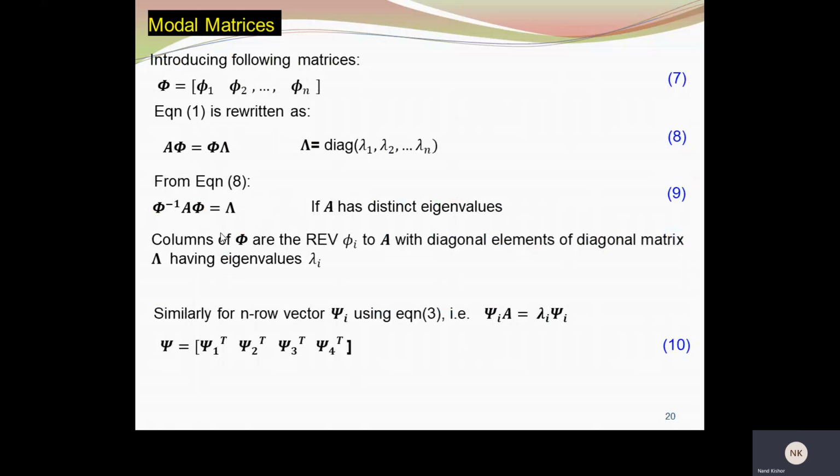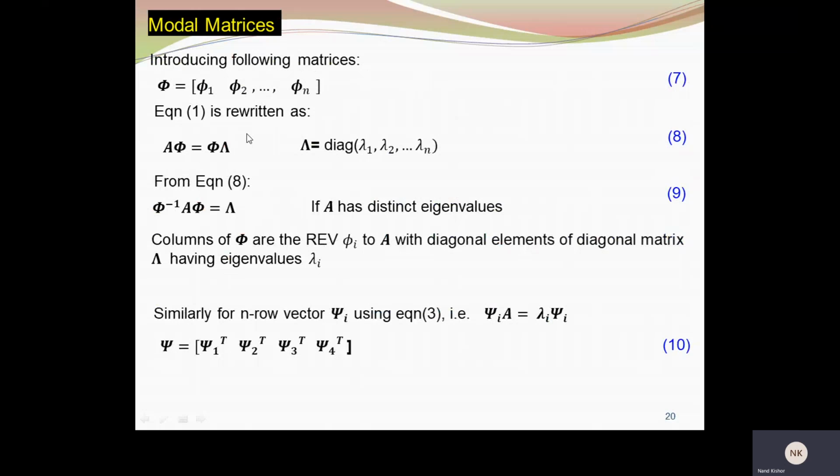Next we have another property, again related to small signal stability analysis: the modal matrices. Now we introduce the following matrices, equation 7. We have phi_i represented as a vector here.